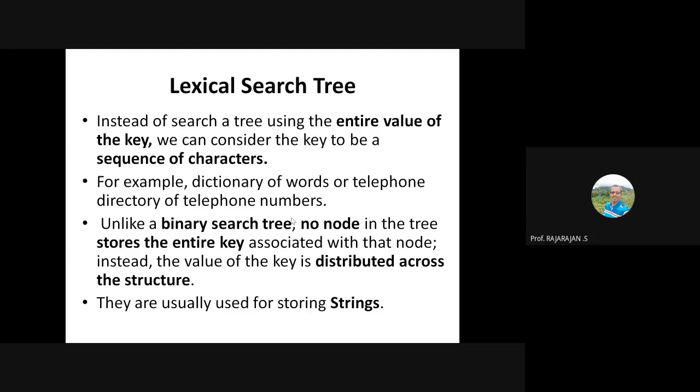So that kind of a search is sometimes needed. Similarly, I think you have a very familiar example which I just missed: searching for contacts in your mobile phones. If you take the mobile phone and you want to search for somebody's name, the moment you type the first letter, immediately you will see the list of all the names that start with that particular letter.